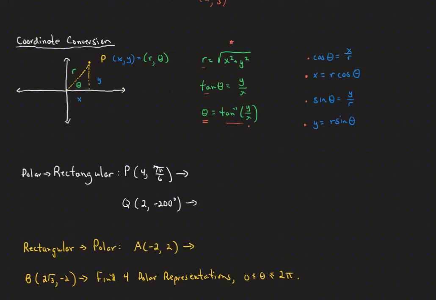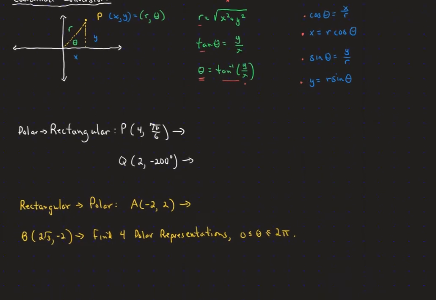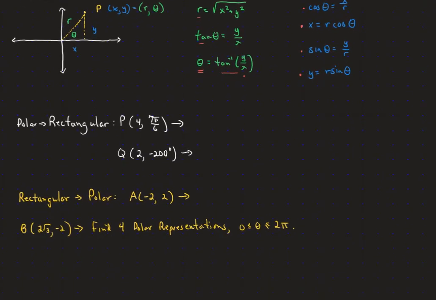All right, let's see if we can do some of these. So if we want to change from the polar coordinates with 7 pi over 6, then we are going to recognize that x is going to be r, which is 4, cosine of 7 pi over 6, and y is going to be 4 sine of 7 pi over 6.